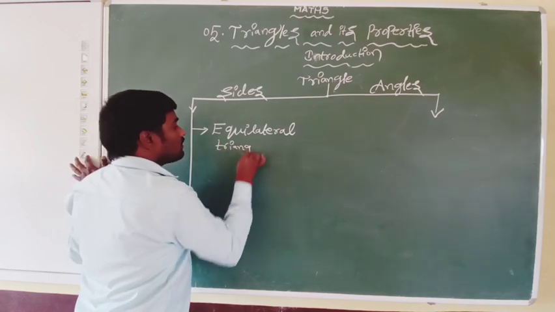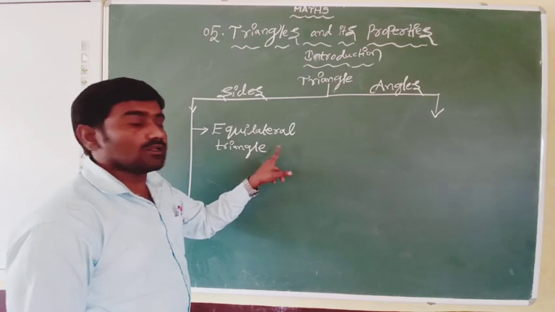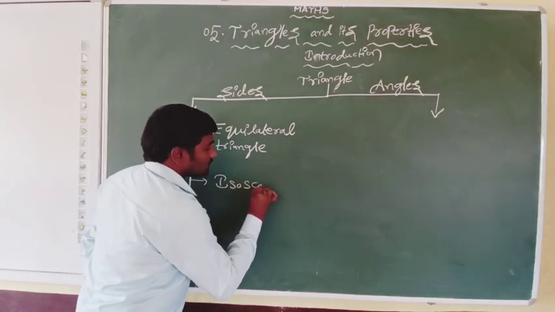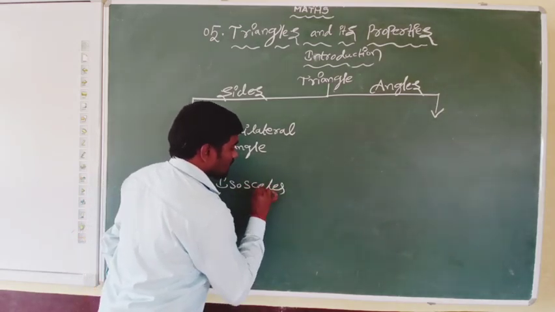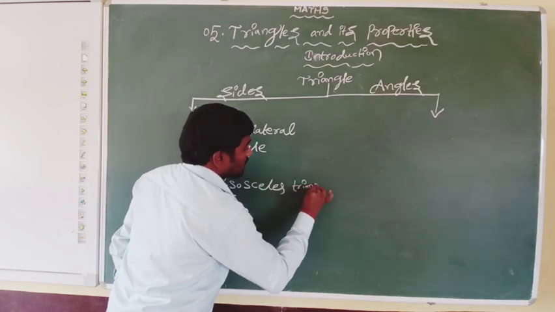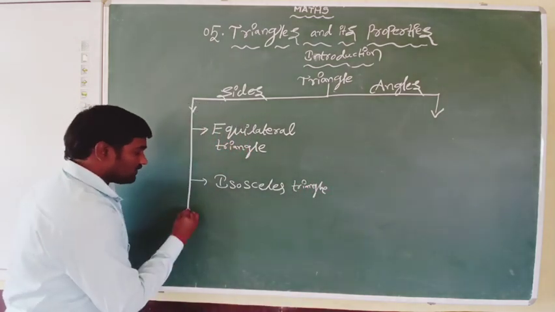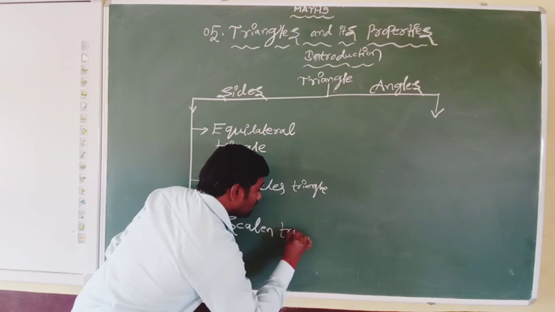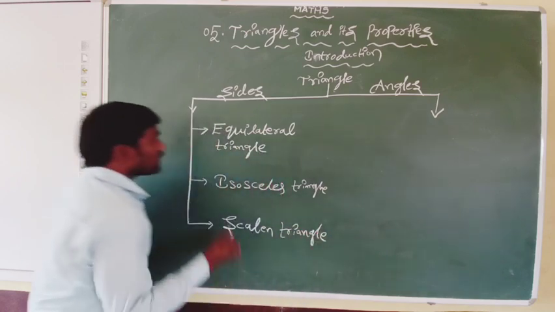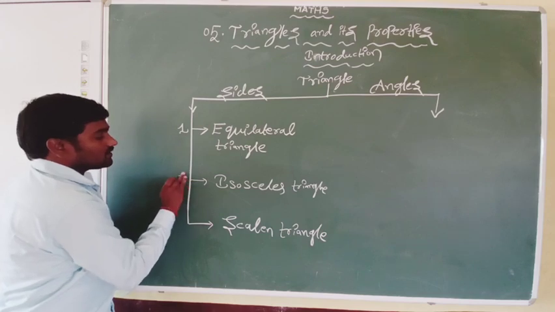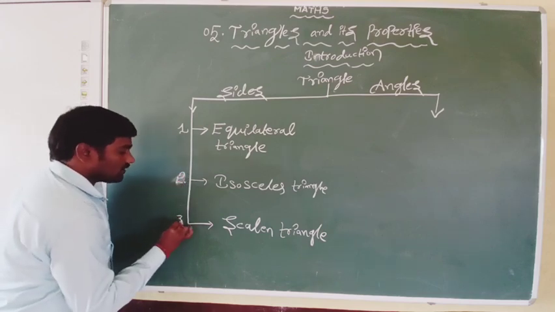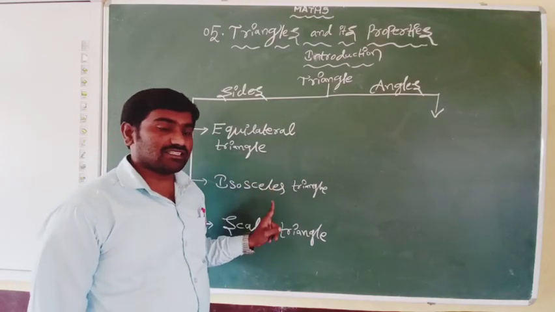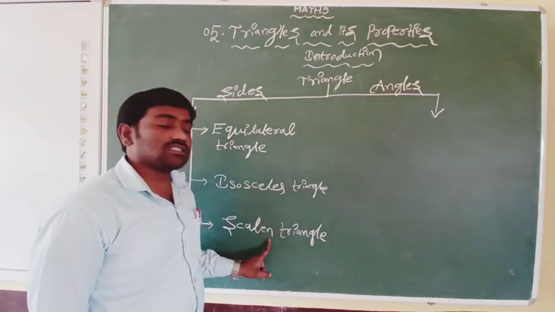The second is the isosceles triangle, and the third one is the scalene triangle. So based on the sides, the three types are the equilateral triangle, the isosceles triangle, and the scalene triangle.